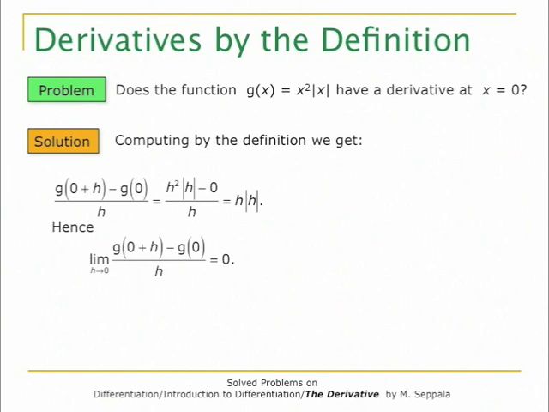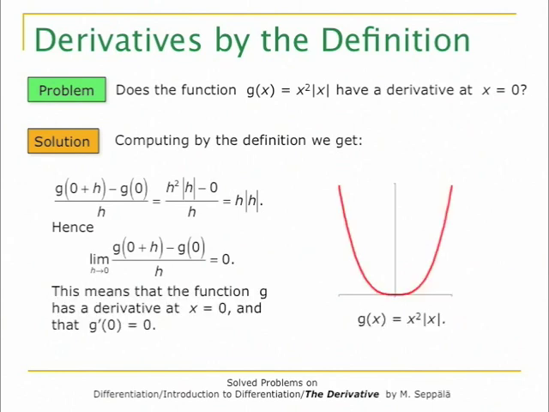And you conclude that the expression g at 0 plus h minus g at 0 divided by h has a limit 0 as h goes to 0. This means that the function g has a derivative at x equals 0 and that the derivative is 0. Here on the right you see the graph of the function g, x squared times absolute value of x.